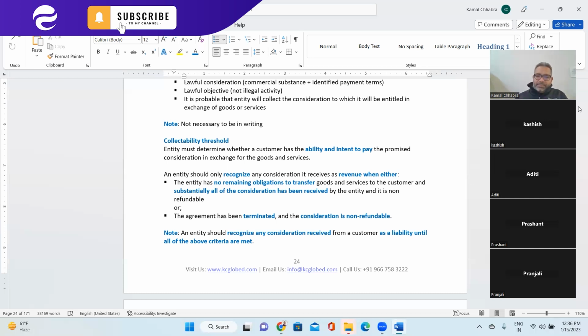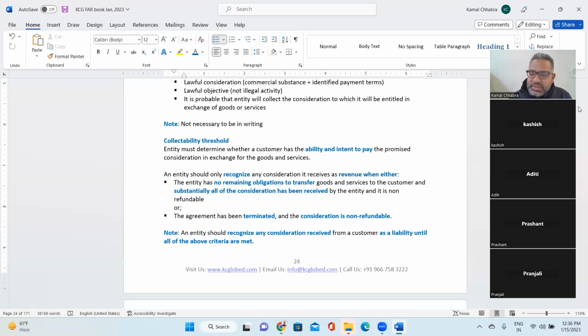So what does it mean? Let's take that car example. You are purchasing a car from Mercedes-Benz, that S-Class Mercedes, for $100,000, right?